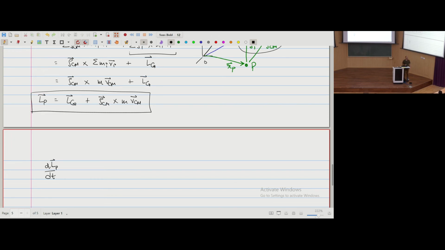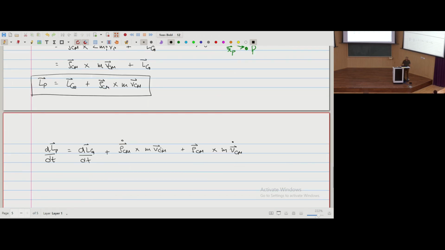So let's differentiate this LP with respect to time. And this VCM dot is nothing but the acceleration of center of mass.